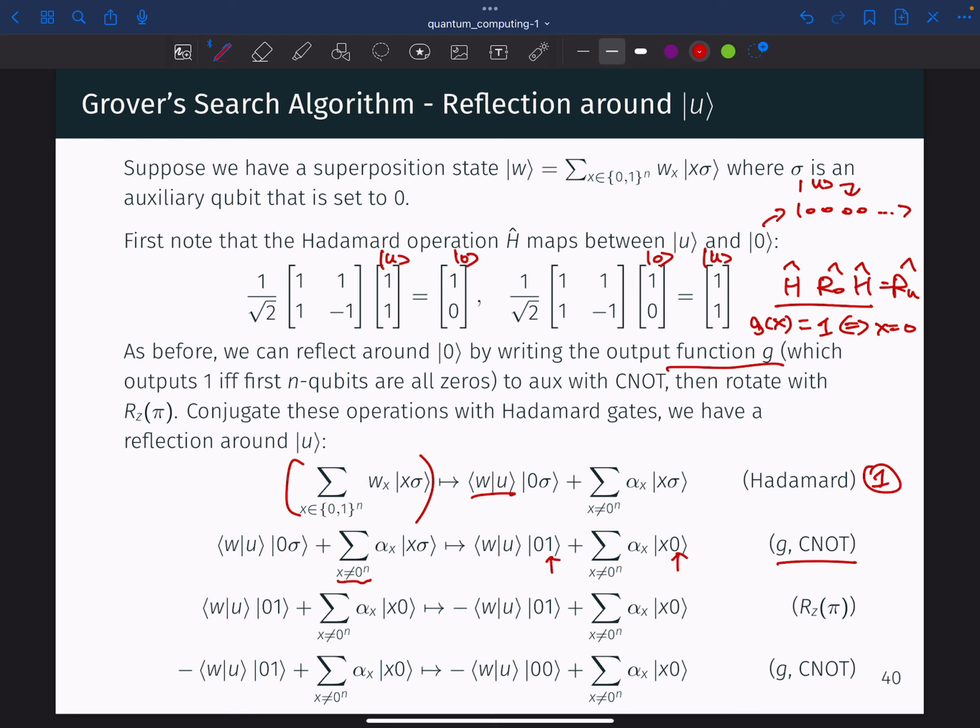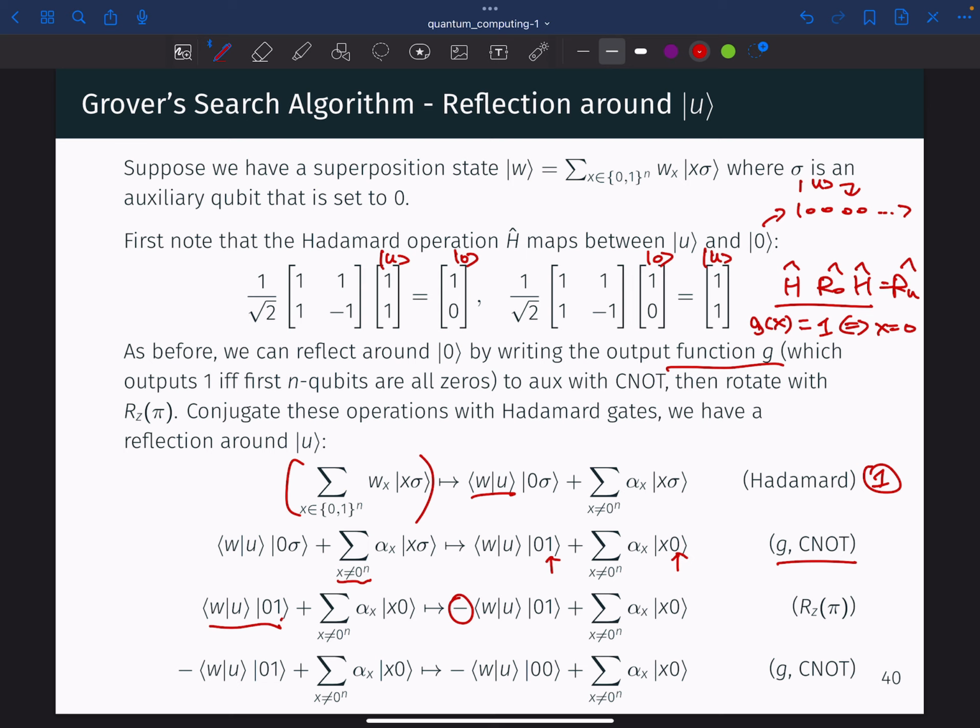Then we can do the RZ gate again, but this time we'll apply it to the auxiliary bit. Notice that the auxiliary bit is 1 here, so we'll be rotating it 180 degrees. So we have a minus sign here.